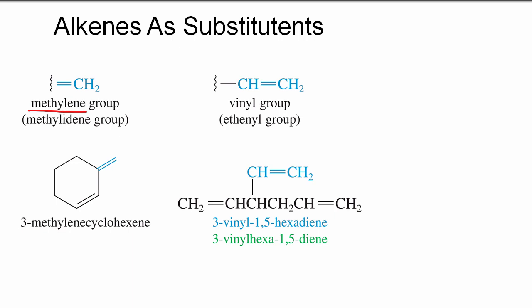Okay? So in this example, this is carbon 1, 2, 3, 4, 5, 6. Our substituent is methylene, and the parent chain is cyclohexene. Okay? And we also have our vinyl group. The vinyl group is a carbon bonded to the carbon that's bonded to the double bond.